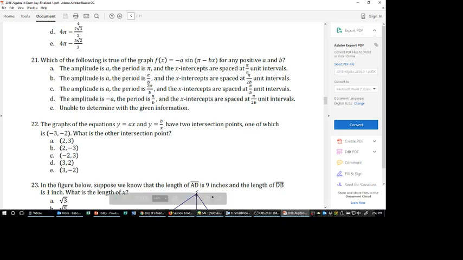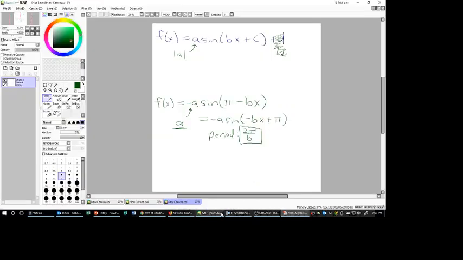Now, that formula for the period works for sine and cosine. It's not going to work for the other 4 trig functions. You've got to know some other stuff for that. And then finally, just to be sure that this is consistent and is not choice E, x-intercepts are spaced at pi over b unit intervals.